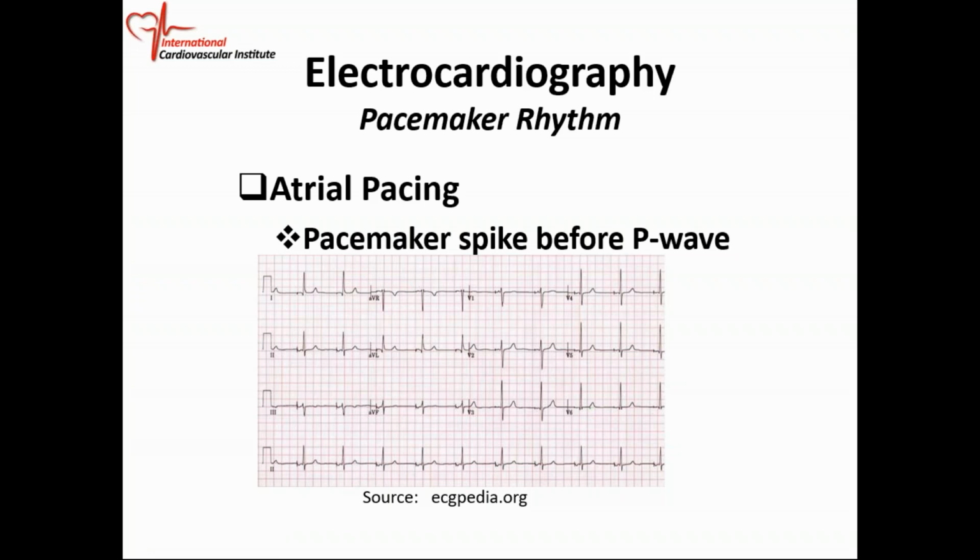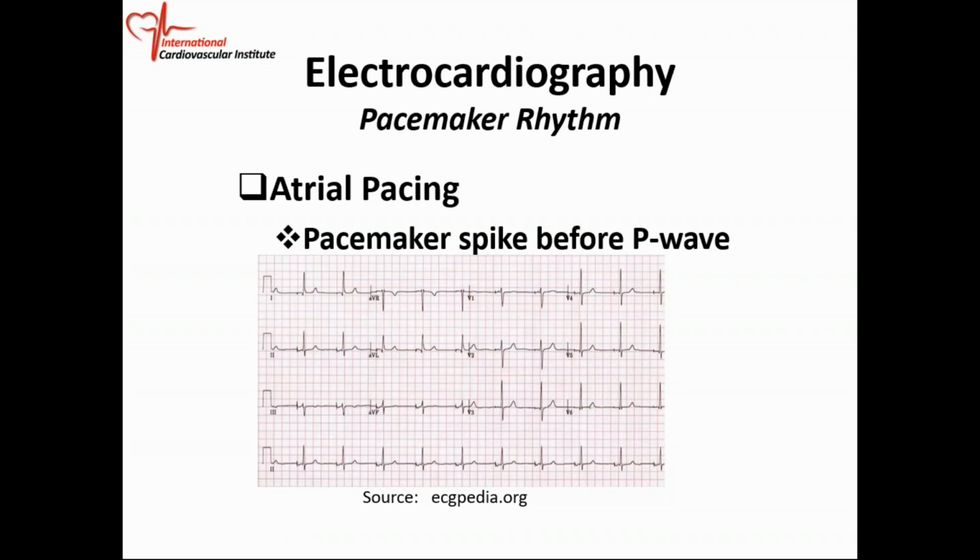All right. So what's happening if the SA node is not working properly? Then you just need to supply energy to the right atrium. If you supply energy to the right atrium, which is depicted as these little spikes, then the atrium is depolarized, and you'll have contraction of the atrium.